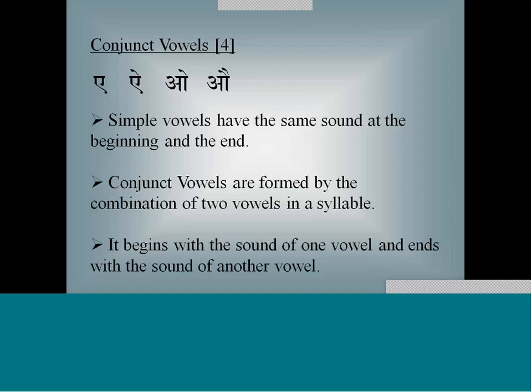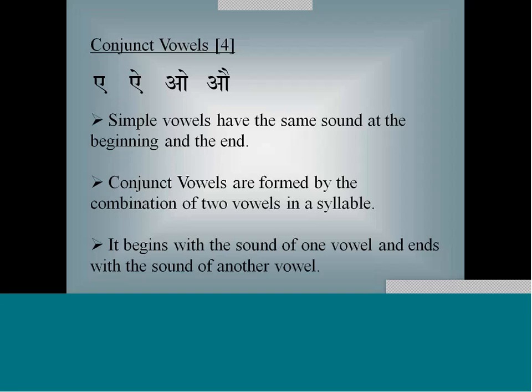So it is a combination of the sound from the throat and the palate. So therefore, A, I, it is both guttural plus palatal. That is why it is called a conjunct vowel, Sanyukta Swaraha.